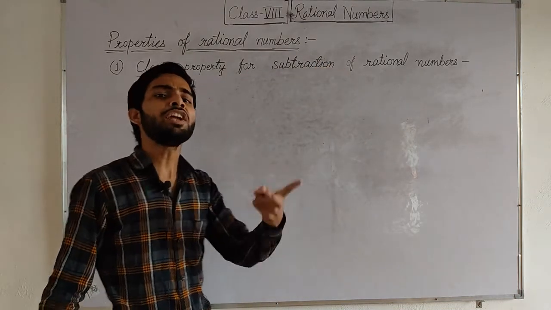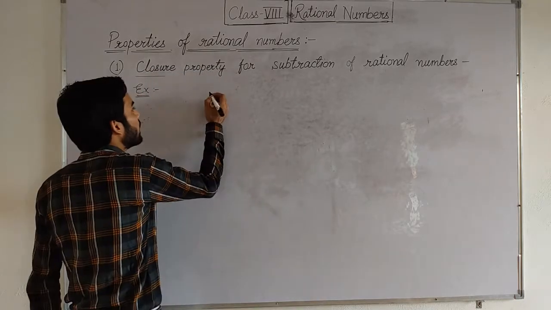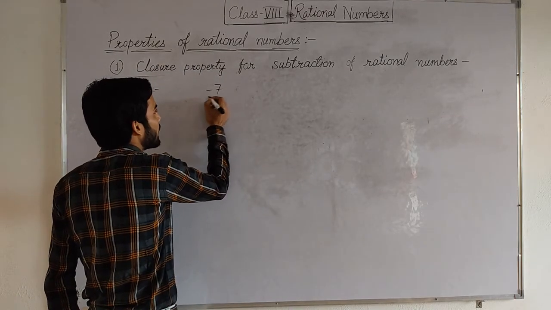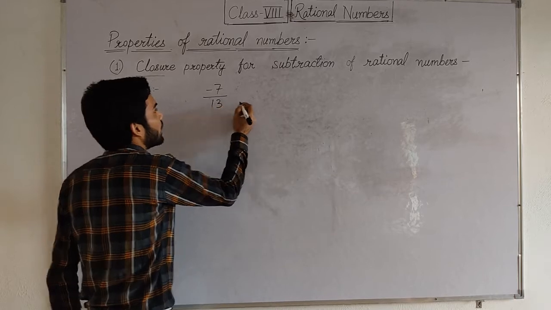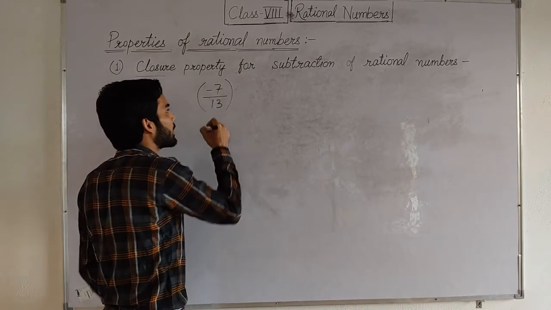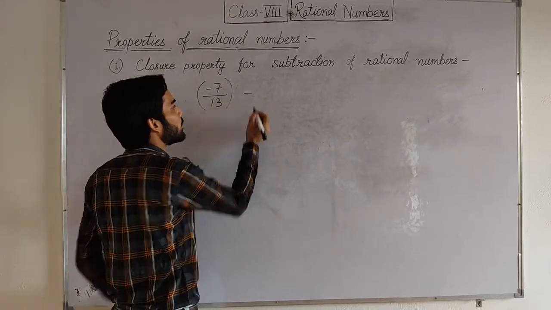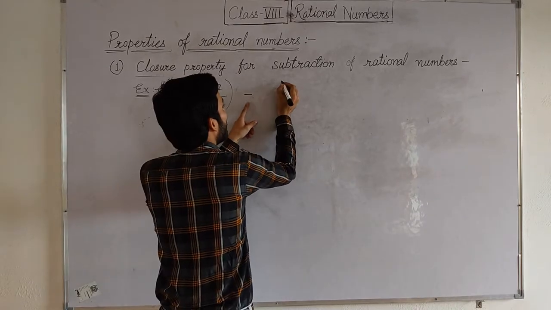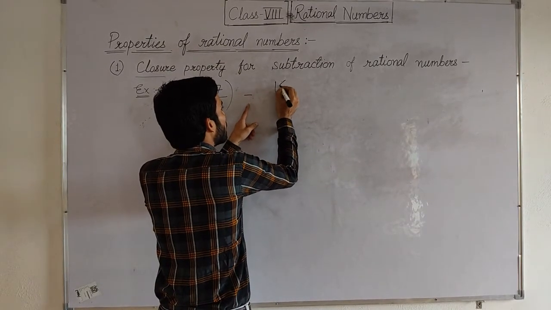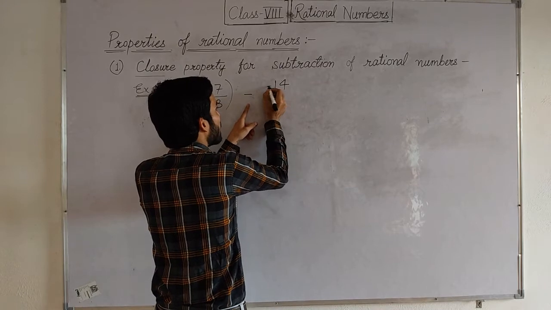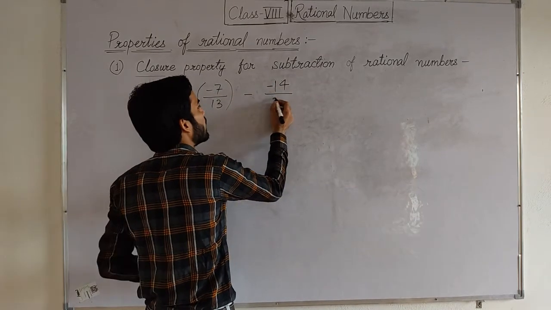Take any two rational numbers. For example, minus 7 by 13, and I am going to subtract the number minus 14 upon, let us take, 26.